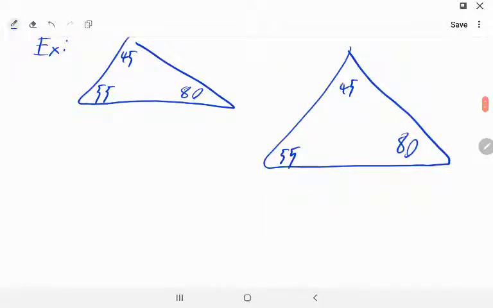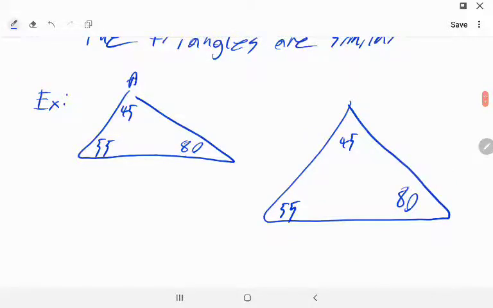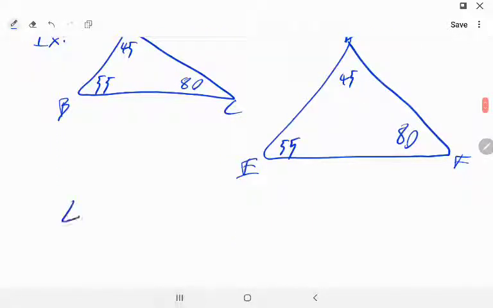The triangles, let's just call them ABC and DEF. Triangle ABC has to be similar to triangle DEF. That's a fairly common notation.